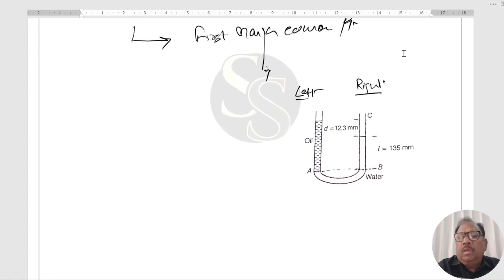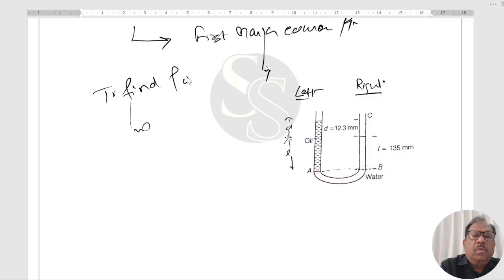Now, this is L and this is D. To find, what do we have to do? To find rho oil. The density of the oil has to be found out.